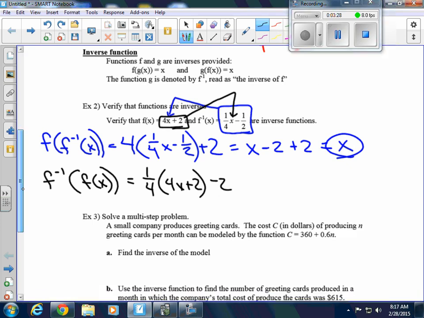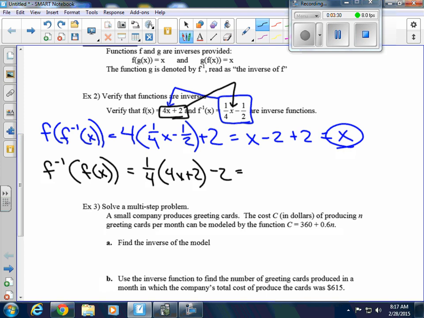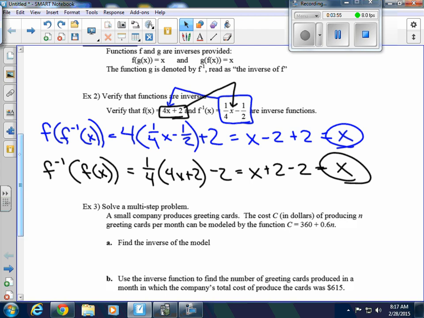So if we do the distributive property, we're going to get x plus 2 minus 2 equals, again, x. And there we have just verified that these two are in fact inverses, because f of f inverse of x equaled x and f inverse of f of x equaled x. So we're using the composite functions that we did in section 6.3 to verify that those are in fact inverses.